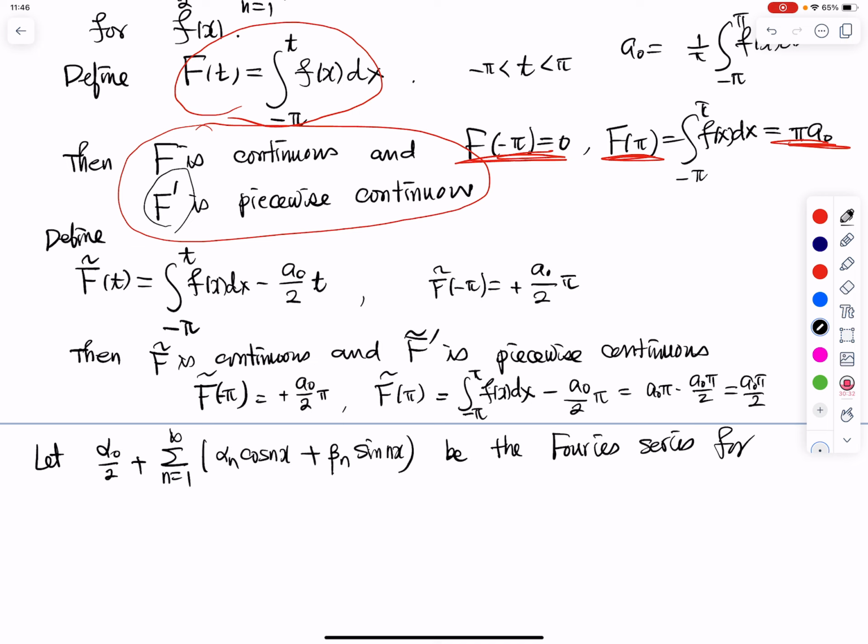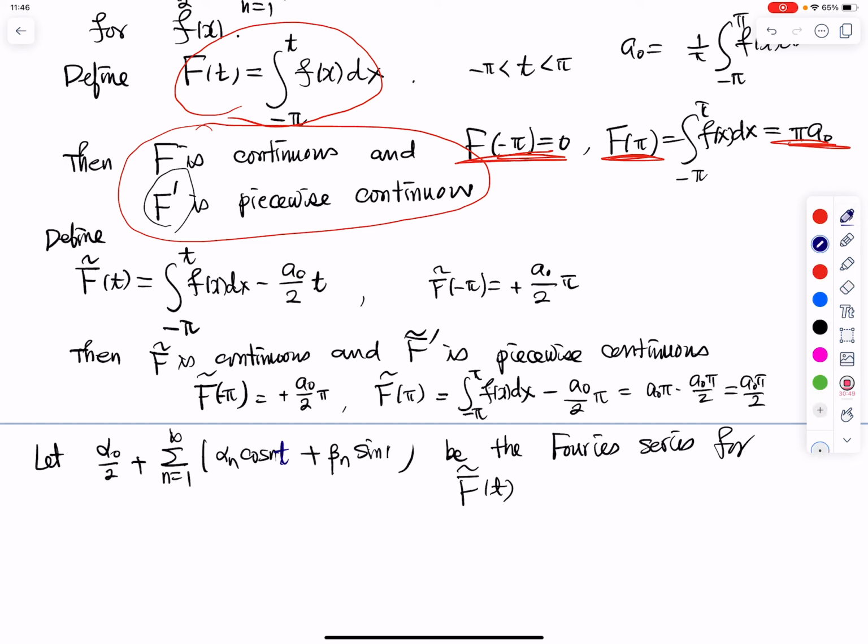Now I have a function of t, so let's put this function of t instead of x.